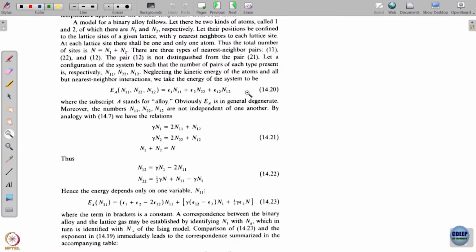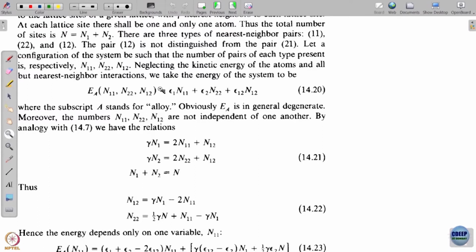My copper-copper interaction energy is epsilon 1, and similarly for copper-zinc.